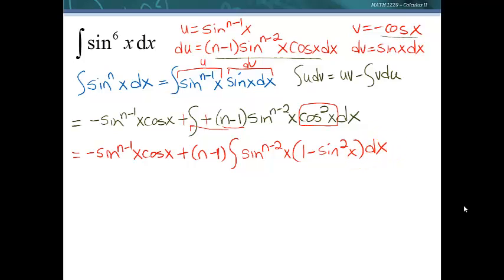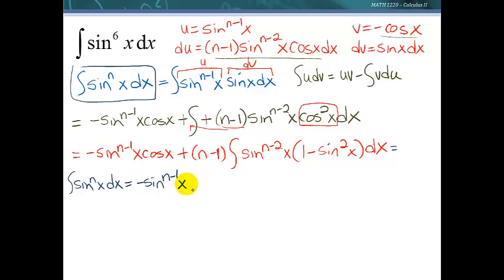So let's see what we can do with this. Now when we started this, we started out with it being equal to this integral of sine to the n x dx. So let's put that first. We've got the integral of sine to the n x dx, and we found that is negative sine to the n minus 1 x cosine x. Now I'm going to distribute this through, and I'll have two terms, and so I'm going to split up the integral.